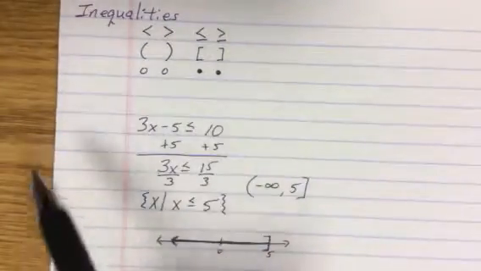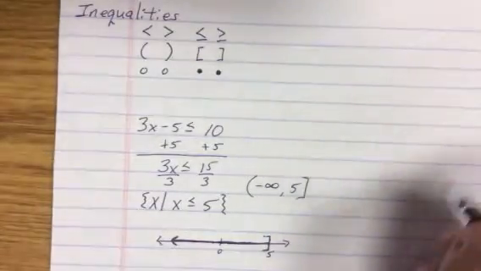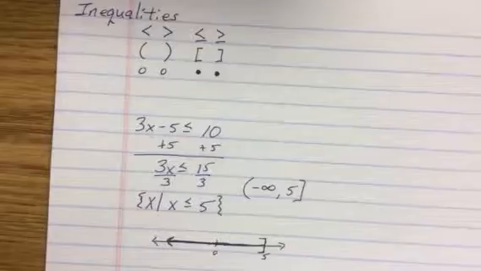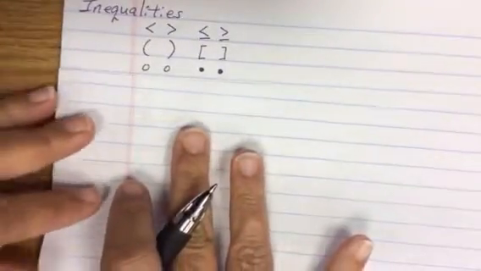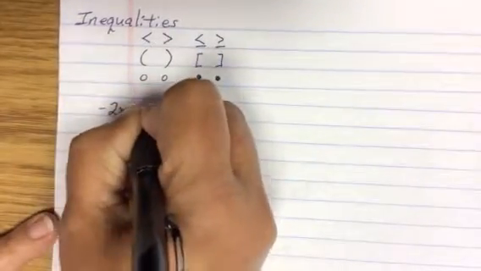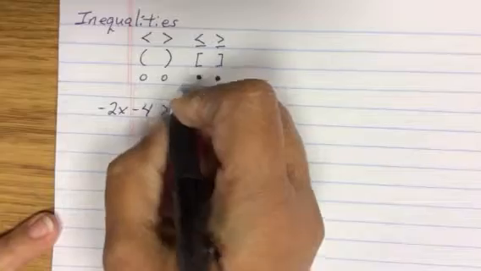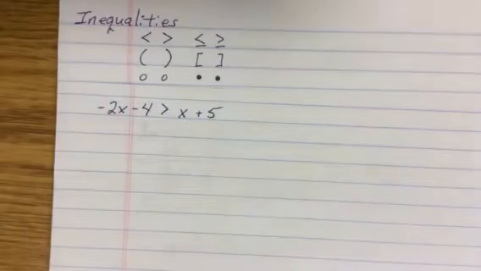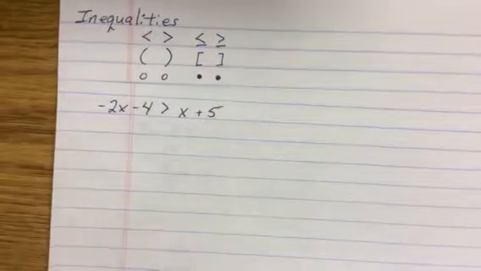It's the added steps. So let's look at another one. Okay, again, remember, variables go to the left, constants to the right.